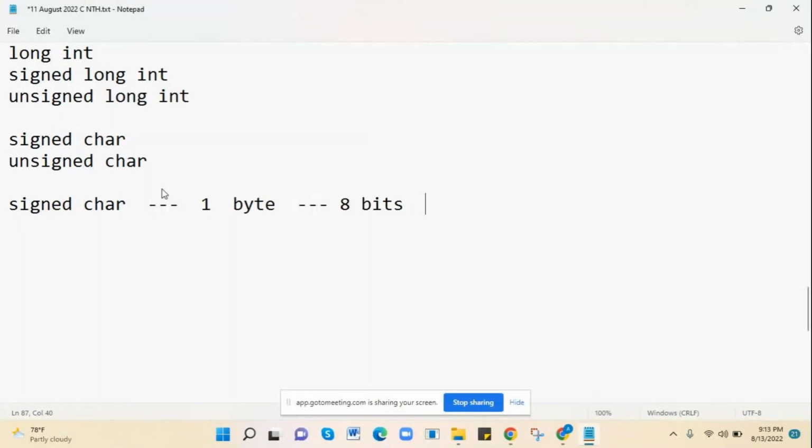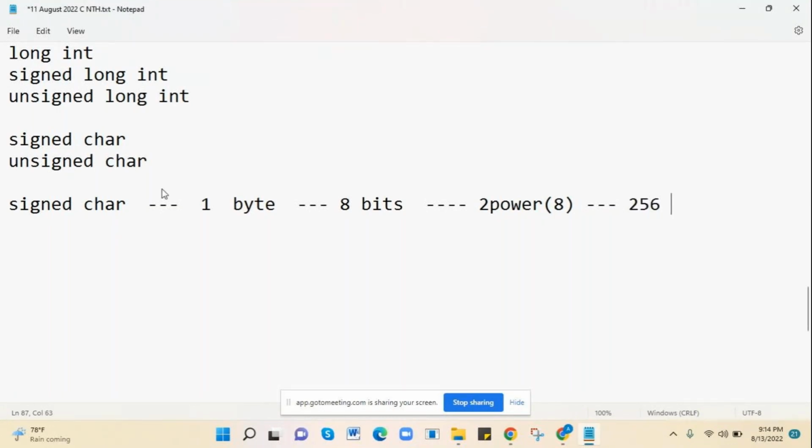8 bits means it is nothing but 2 power 8. 2 power 8 is how much? 2 to the 4, 4 to the 8, 8 to the 16, 16 to the 32, 32 to the 64, 64 to the 128, 128 to the 256.